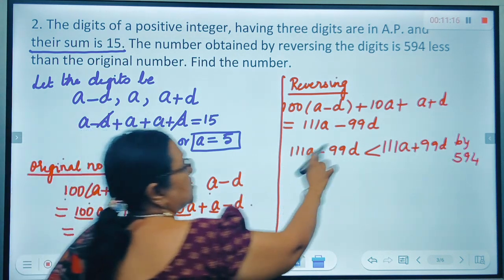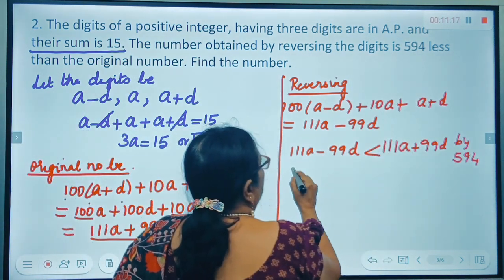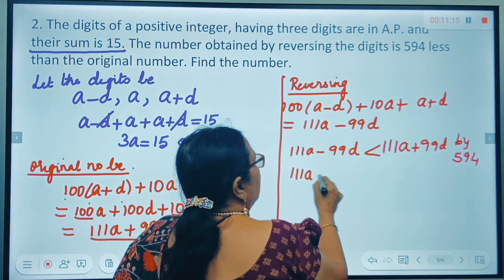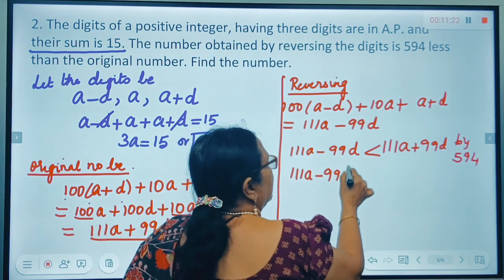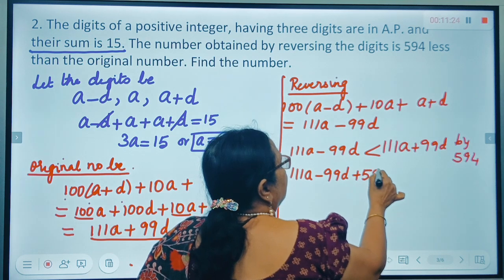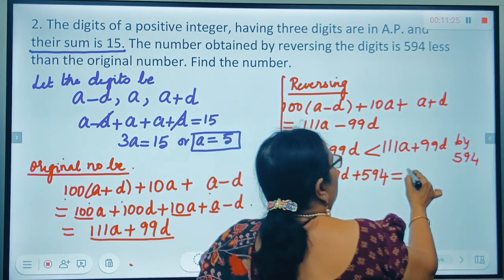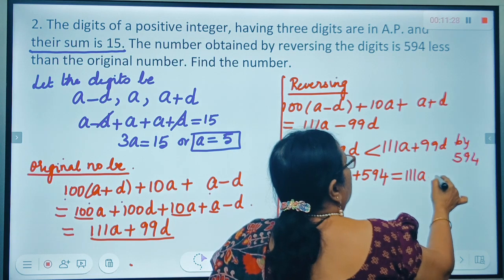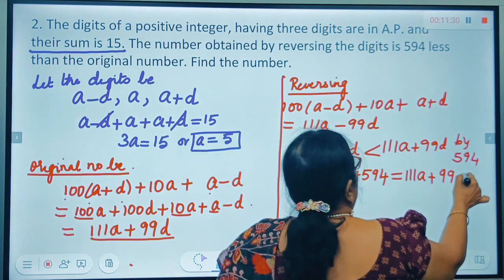So this is less than this. So I have to add: 111a minus 99d plus 594 will be equal to 111a plus 99d.